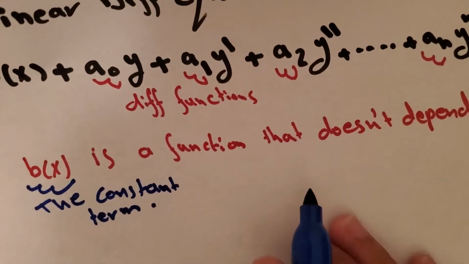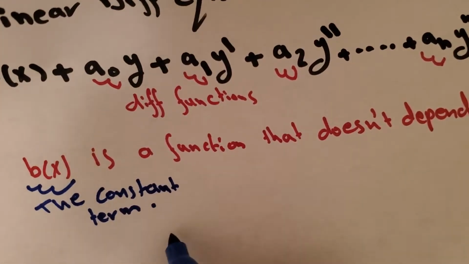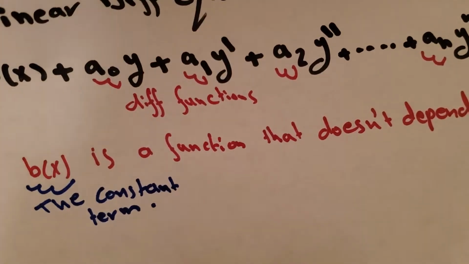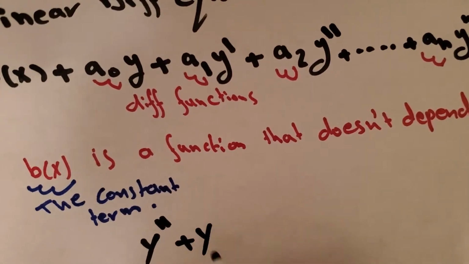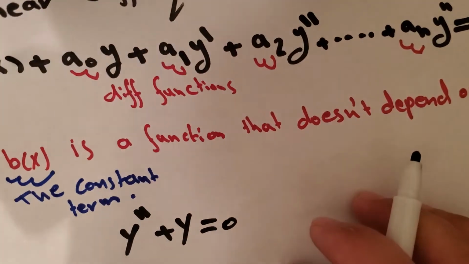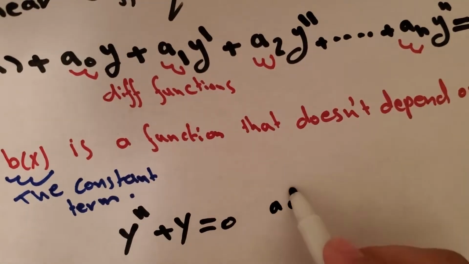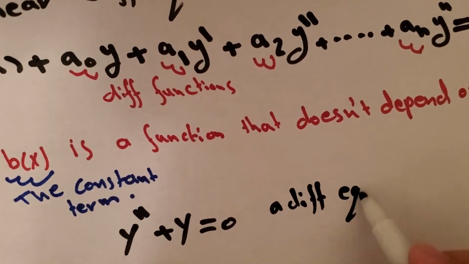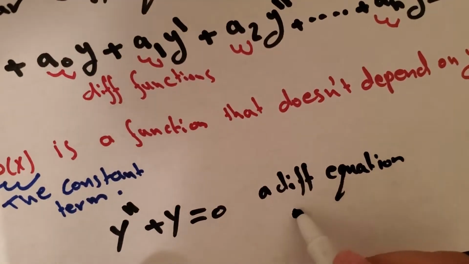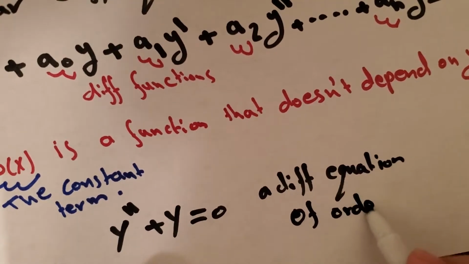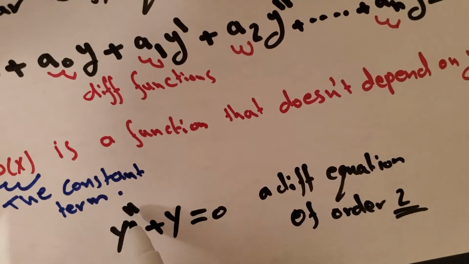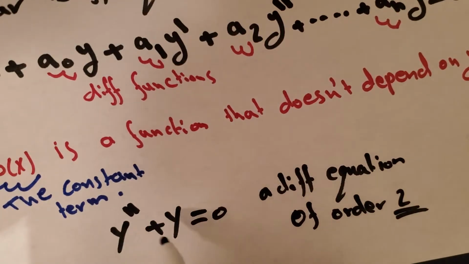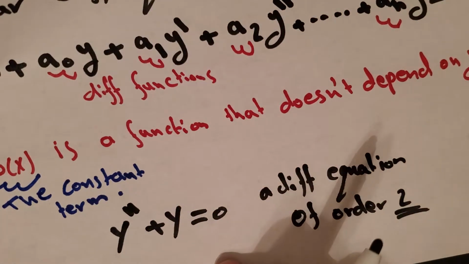So for example, if I give you y double prime, or the second derivative of y, plus y equals 0, this is a differential equation of order 2, because the highest derivative here is the second derivative of y, so the differential equation is of order 2.